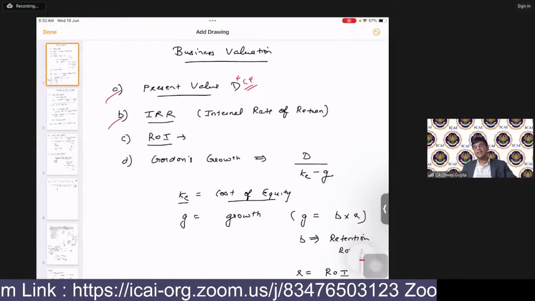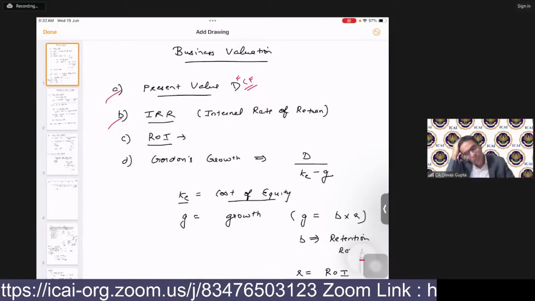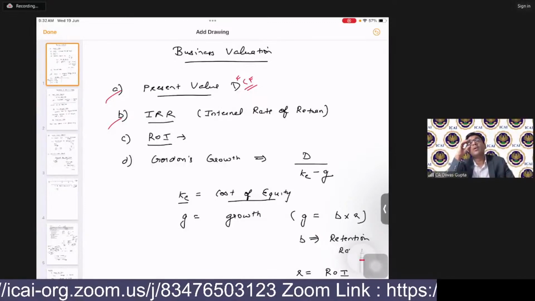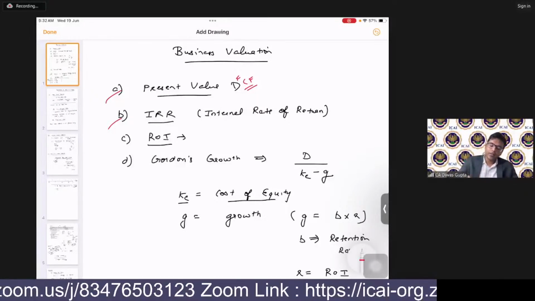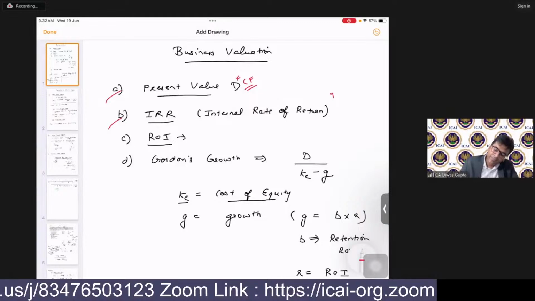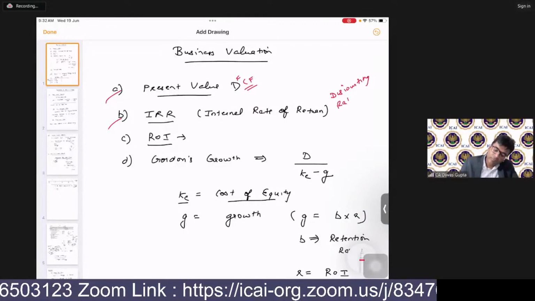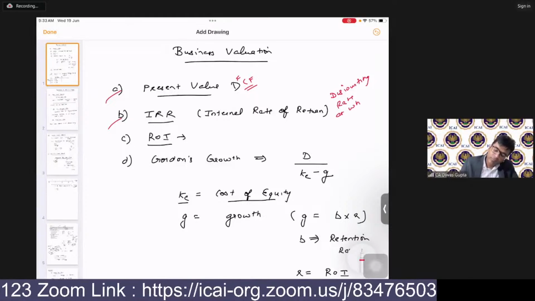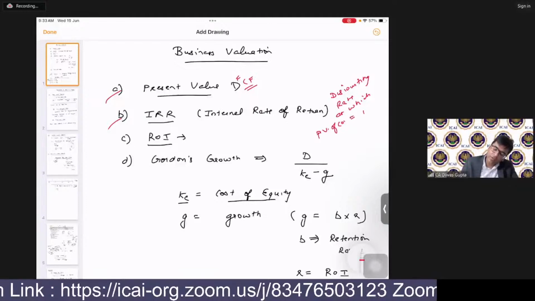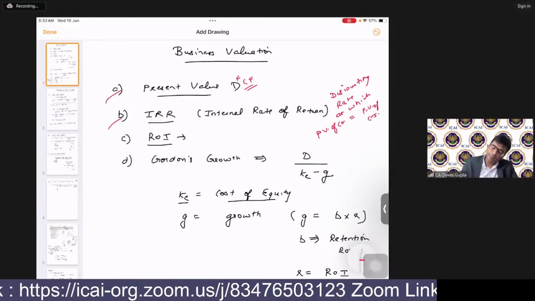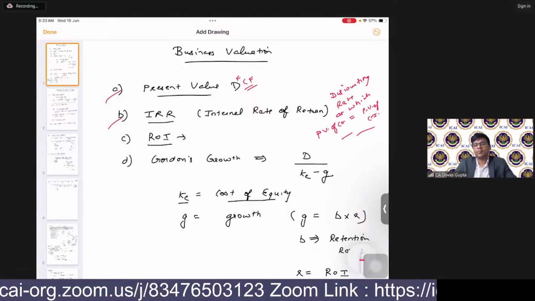Then second is IRR. IRR is the discounting rate at which the present value of cash outflow is equal to the present value of cash inflow. Clear?